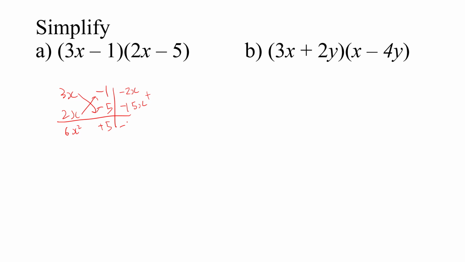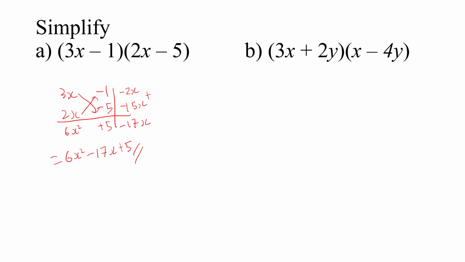Plus them together, I will get negative 17x. And this will be 6x squared minus 17x plus 5. This one will be my answer. Please check to see whether you are correct or wrong.